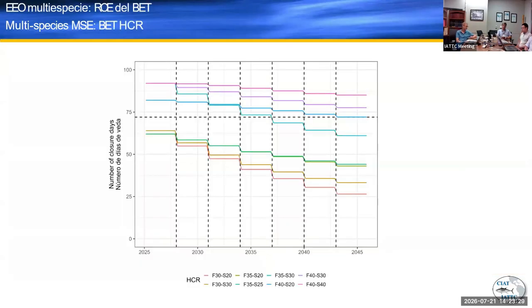So this is just showing you what we did. We're taking this bottom orange line here that we're using. We just took the days of closure here and adjusted the fishing mortality based on that in the first cycle. We did the same thing after that. But essentially what we are really looking at is what the safety would be here at the end, because it's the fishing mortality that's important, and that's the highest fishing mortality down.